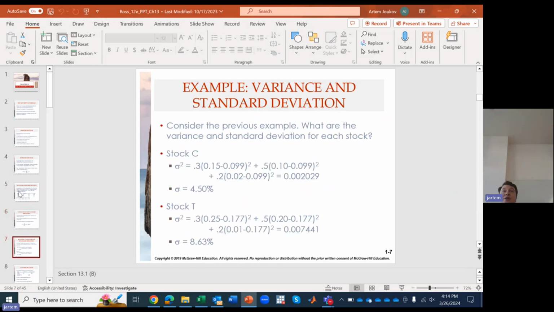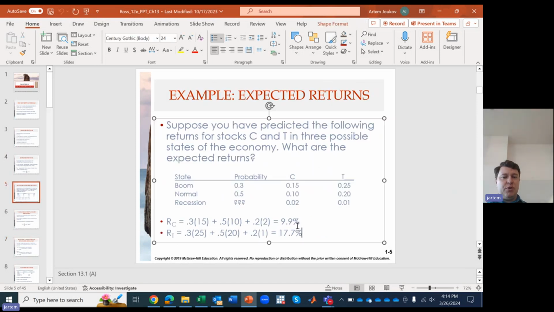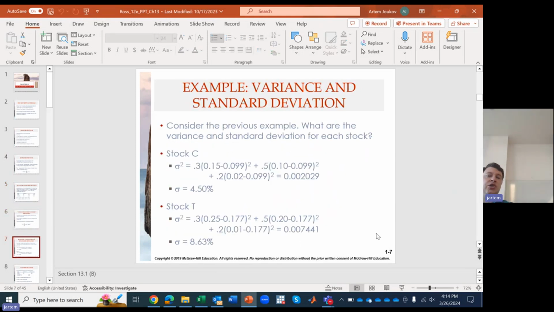A theoretical example requires a good numerical example, so we'll do it numerically. Let's look at stock C. We know the average return, which we got up here. That's where those numbers are coming from. Remember that stock C in the first state, the boom, had a return of 15%.